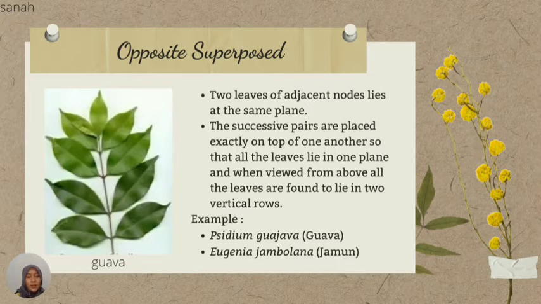For decussate, there are four vertical rows when looked at from above, but in superposed, there are two vertical rows of leaves. The examples for opposite superposed phyllotaxy are Psidium guajava, which is guava, and Eugenia jambolana, which is jamun.